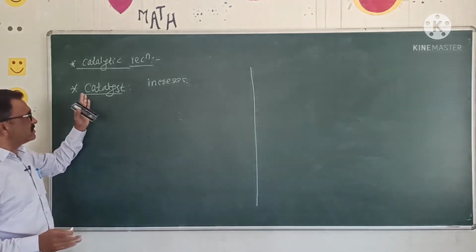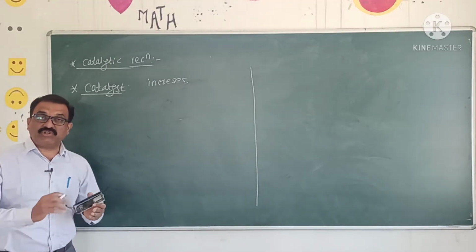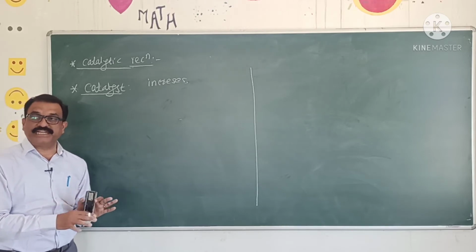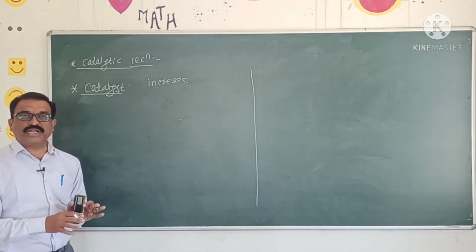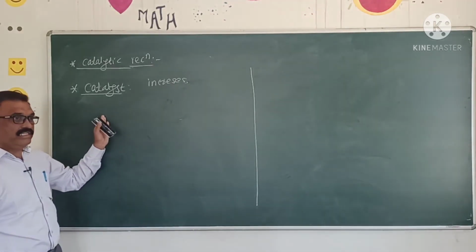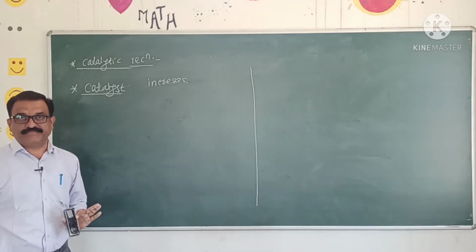But a catalyst does not undergo a chemical change, it does not react with the reactant. Then how does this catalyst increase the rate of a chemical reaction?